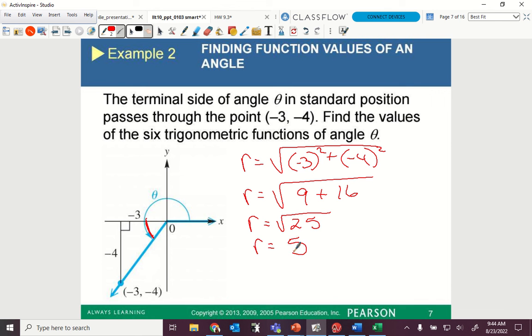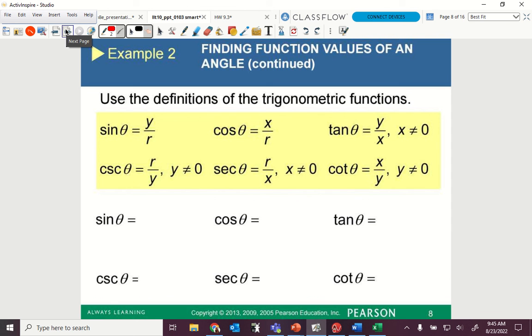So now, do I know my x, y, and r? Yes. And we're going to find all 6 of these functions. My x value, what did we say x was? -3, right? The y value is -4, very good.